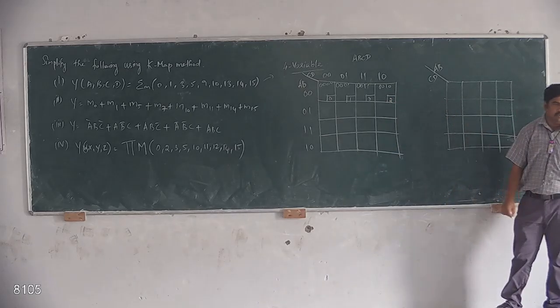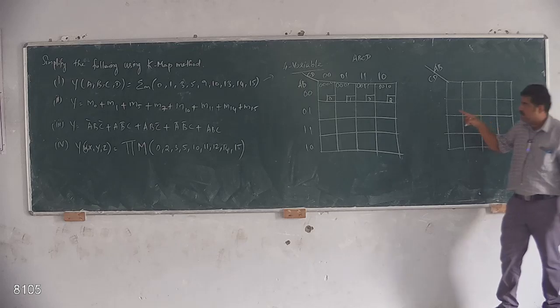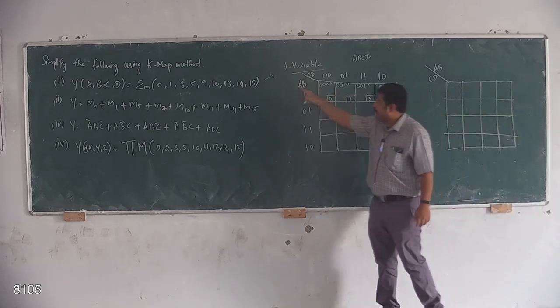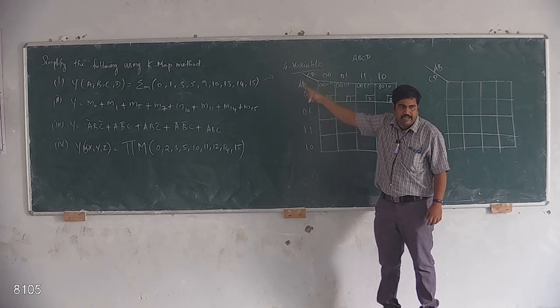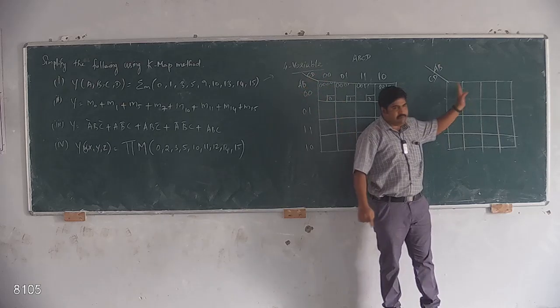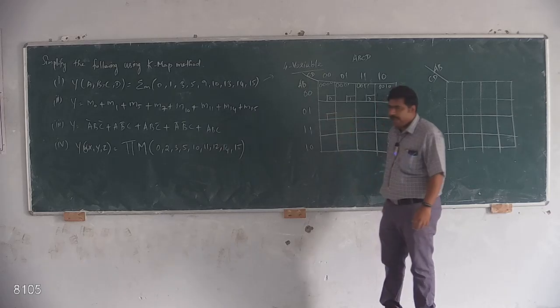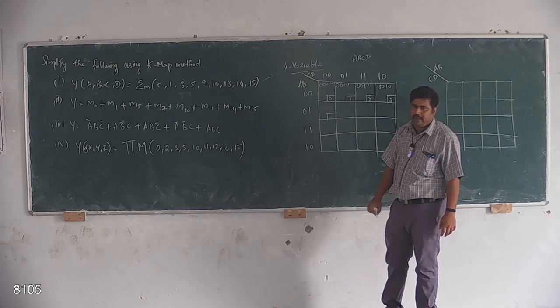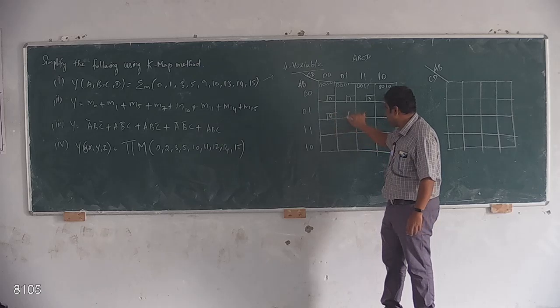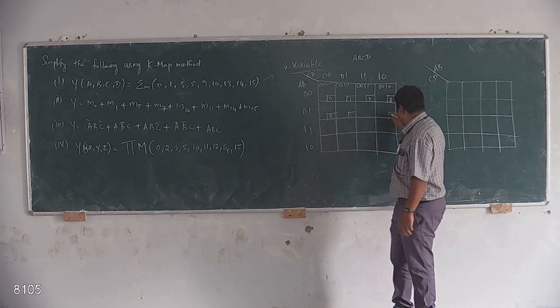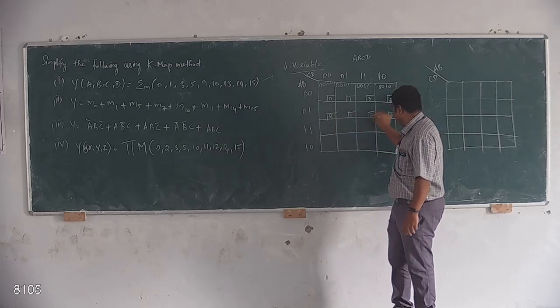We have used the variables as A, B, C, D. Don't change this order; if you change it, it will be in another format. So what is this value then? A equal to 0, B equal to 1, C equal to 0, D equal to 0, so 4, 5, 6, 7.